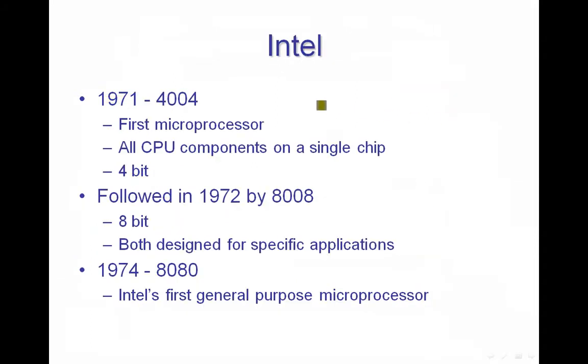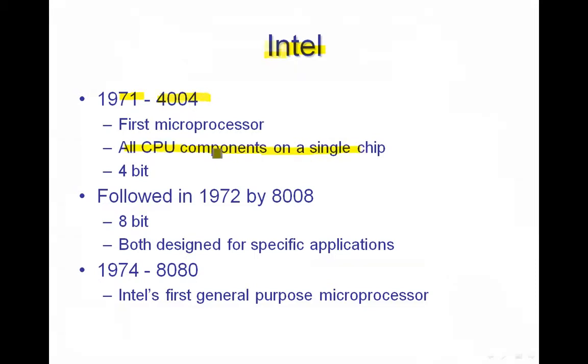We'll talk now about the Intel company. It is a major player in the field of producing microprocessors and CPUs. In the year 71, they produced the first microprocessor, called 4004. All CPU components were placed on a single chip.